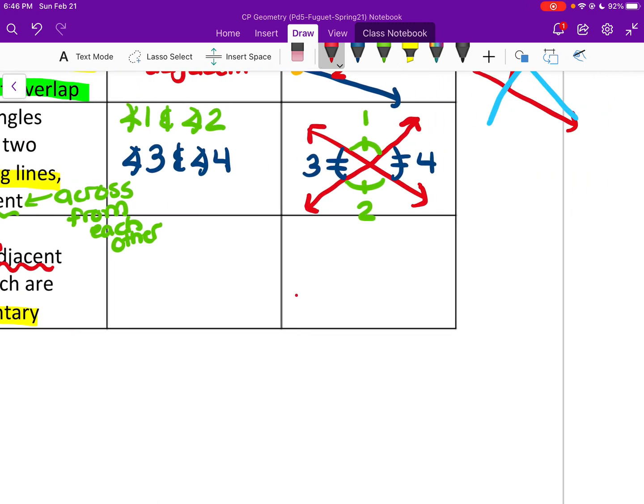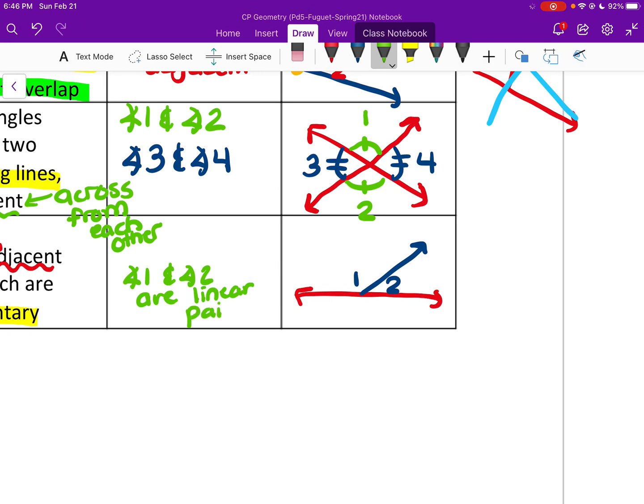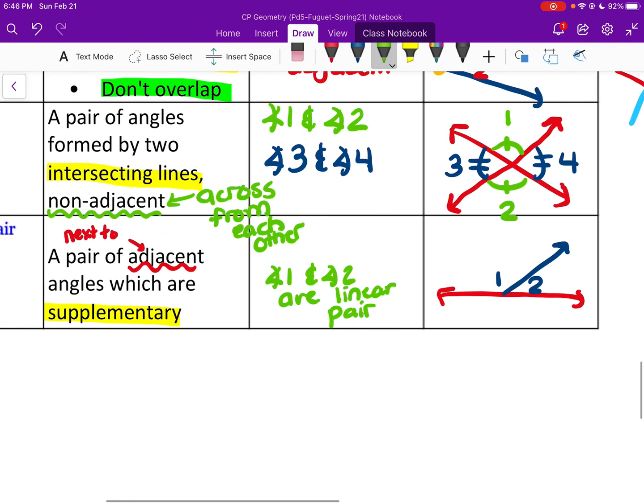So a linear pair, let's start with a line. We make two angles out of it, angle 1 and angle 2. We know that together, angle 1 and angle 2 are linear. They're a linear pair, and together they will always add up to 180 degrees.